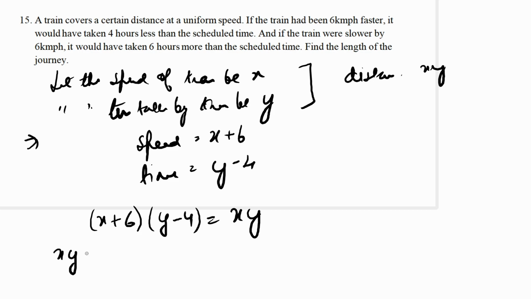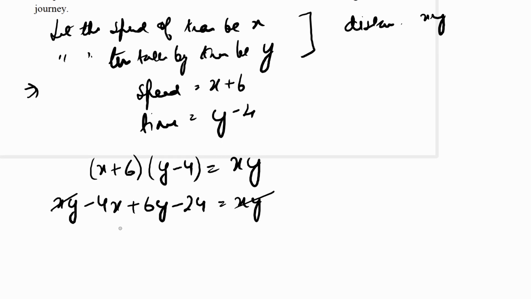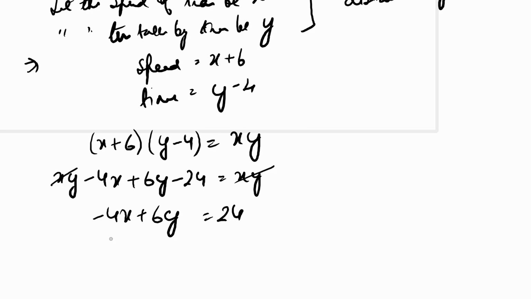This will become xy minus 4x plus 6y minus 24 is equal to xy. Xy and xy will cancel and we will be left with minus 4x plus 6y is equal to 24. We can divide this by 2. It will become minus 2x plus 3y is equal to 12. So this will become equation 1.